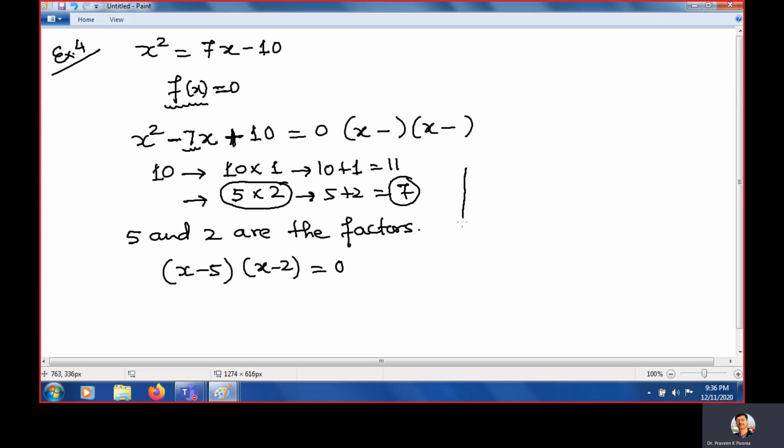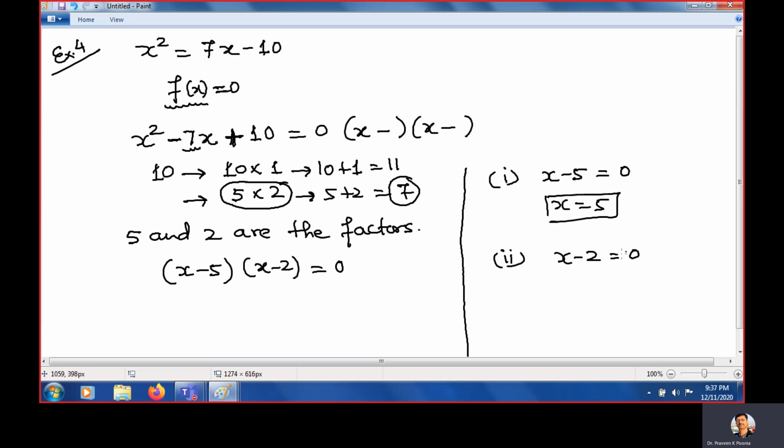And if it is equal 0, what are we doing? We will take the first root. First root means first factor equal to 0. So x is equal to 5. This is root number 1. Now second root, it is x minus 2 equal 0. That is x is equal to 2.